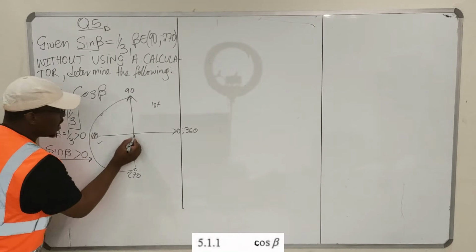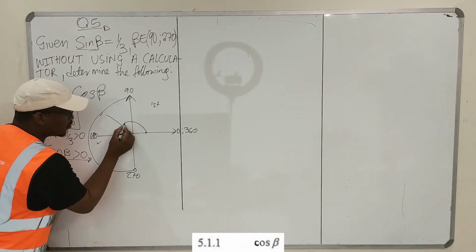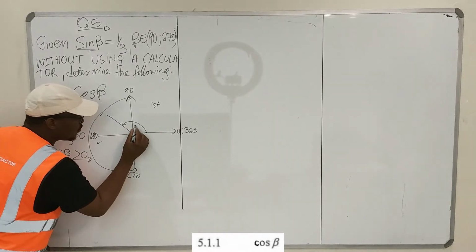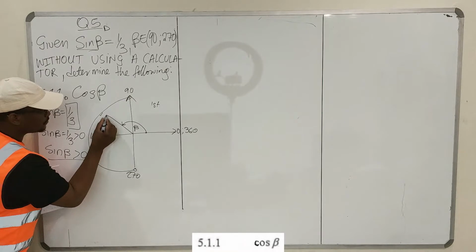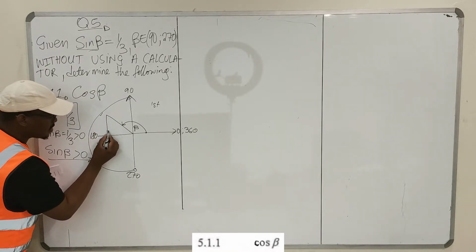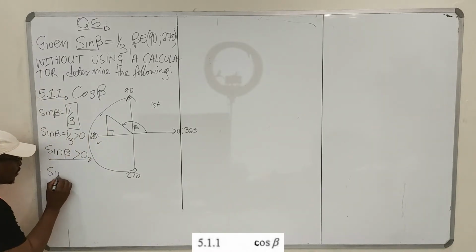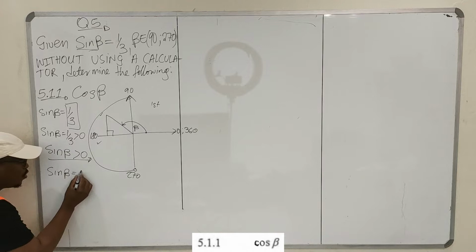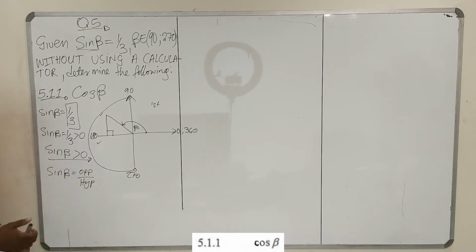So we can say our angle beta is measured from here anti-clockwise to here. You have your beta there. So you can complete this by having this right angle triangle here. You know that sine beta is equal to opposite over the hypotenuse, right?